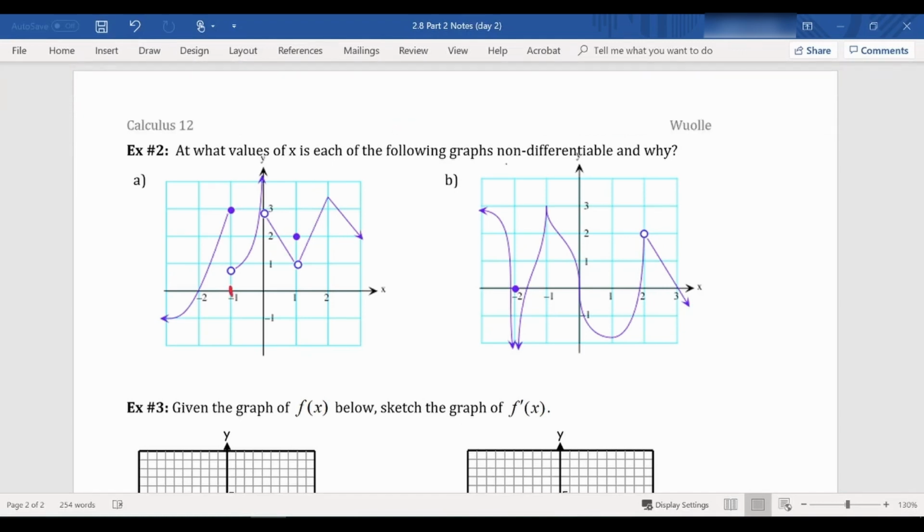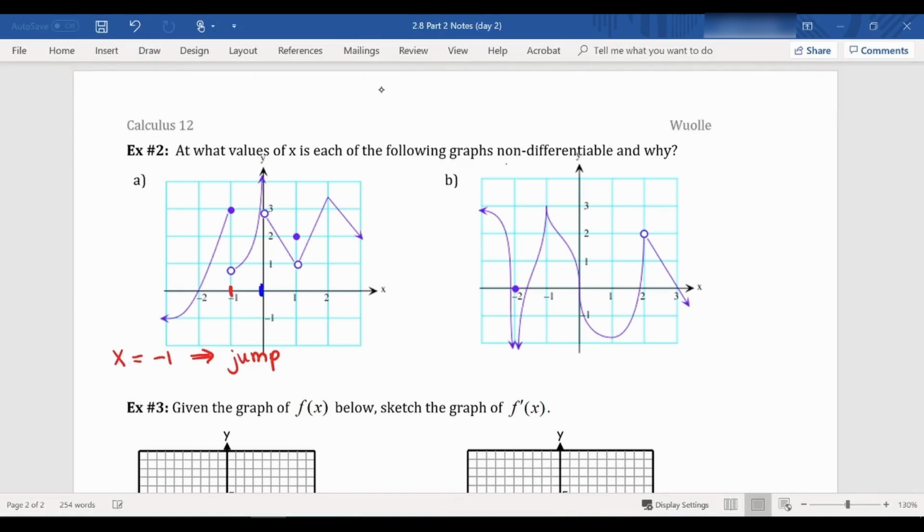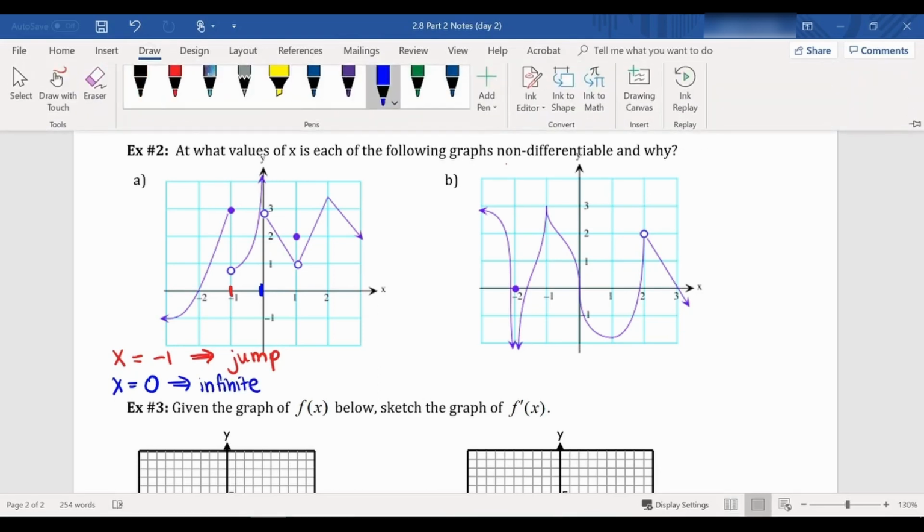So, for example, right here at -1, we have a jump. Here at 0, I would say that this would be infinite because you've got that left side going to infinity. If you said jump, I would probably be okay with that.